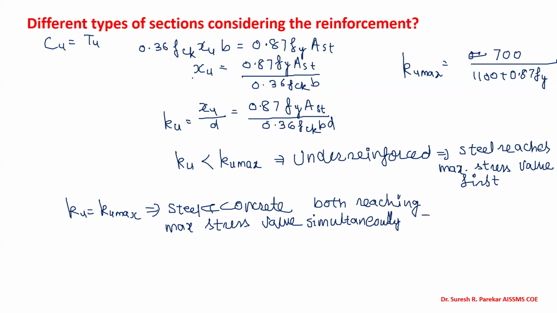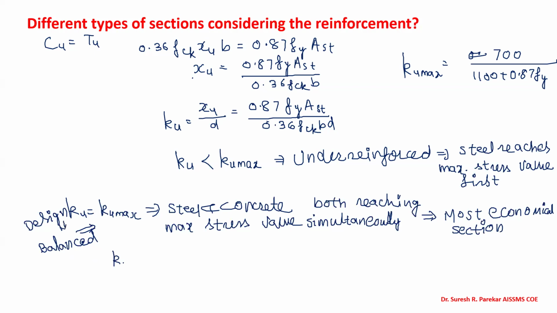This is the most economical section. So when we design, we have to always design the section as a balanced section. Which section is a balanced section? The section is balanced when the value of Ku is equal to Ku max.